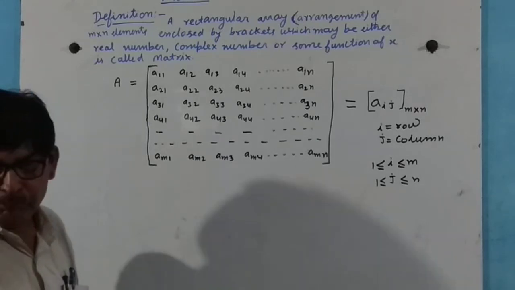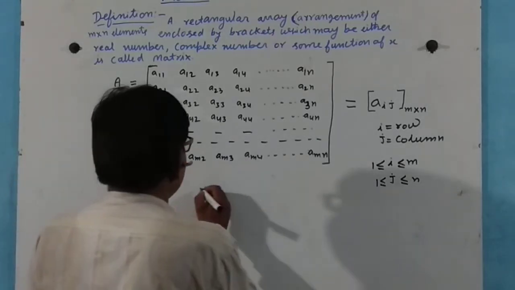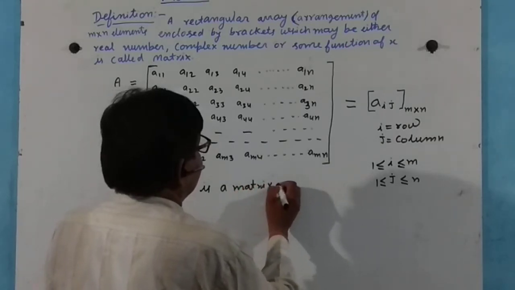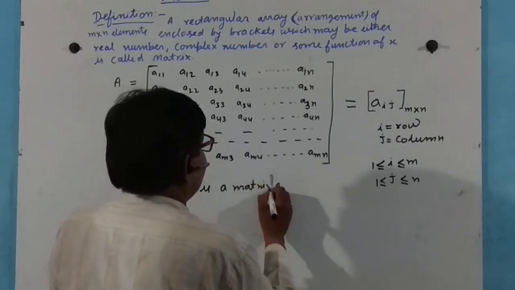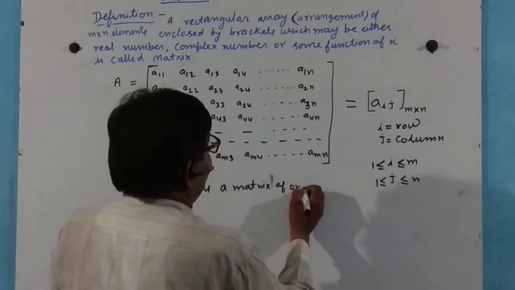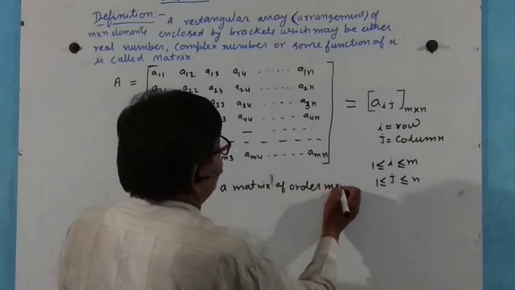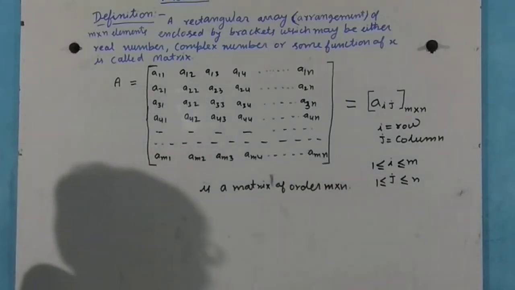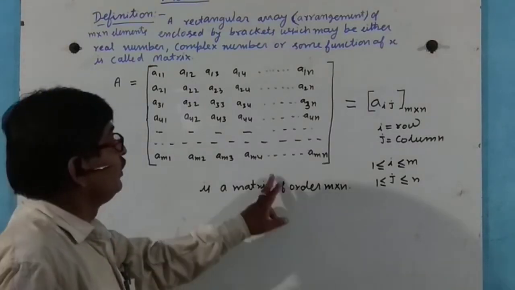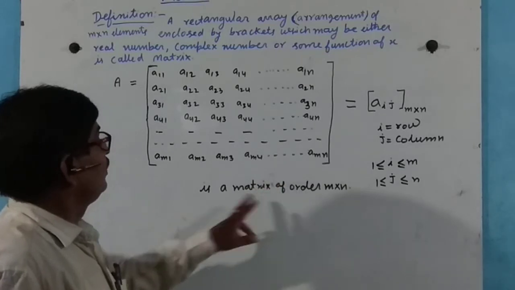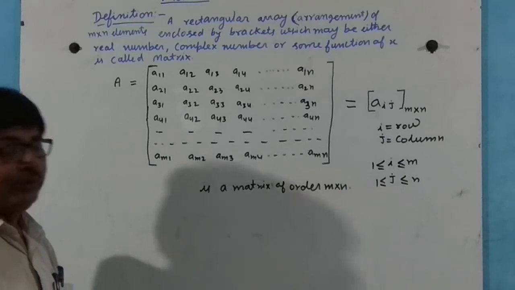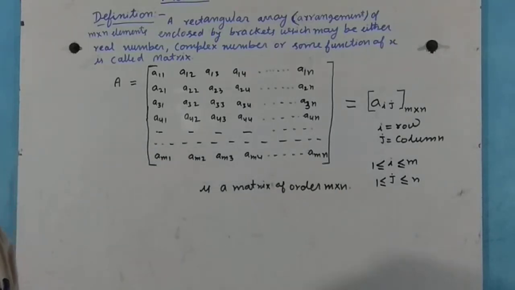Here is a matrix of order m cross n. It does not read as the product of m into n, but we read it m cross n.